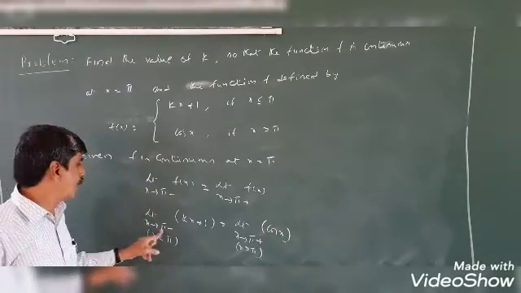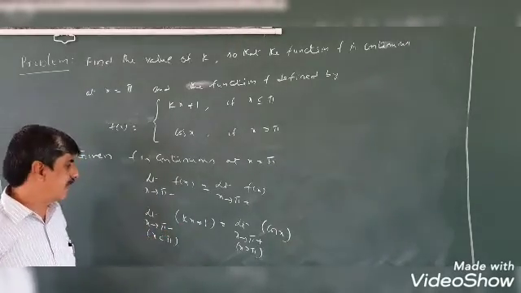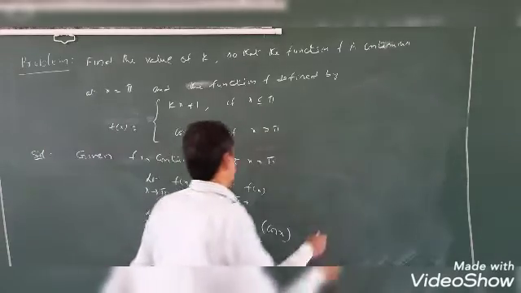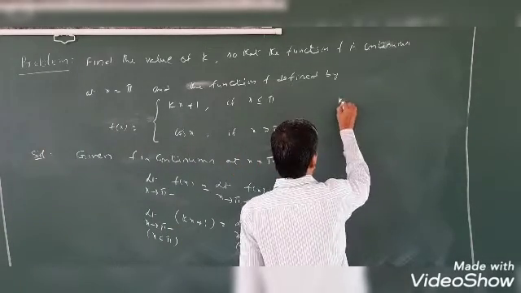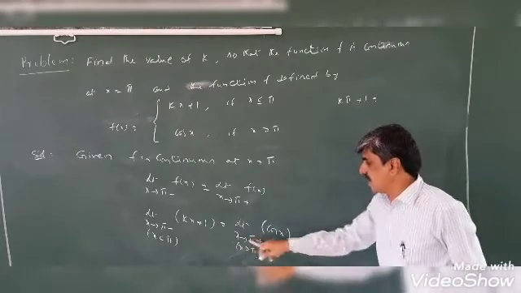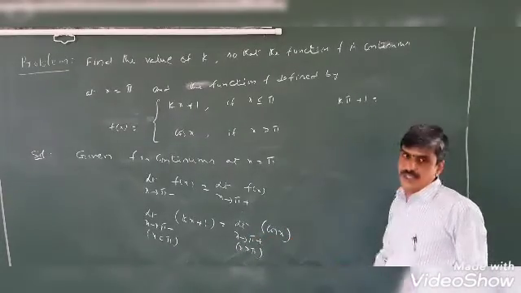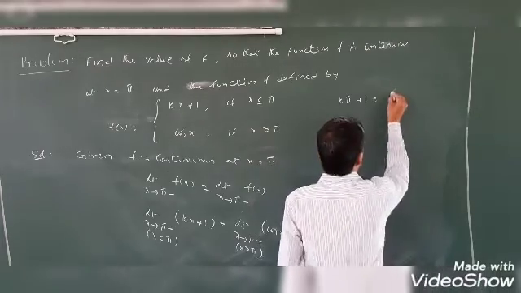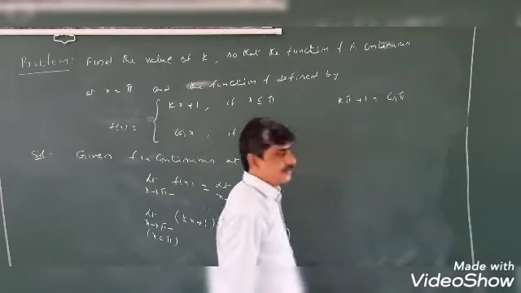So limit x tends to pi minus of kx plus 1, write in the place of x equal to pi. So this limit value is k pi plus 1, is equal to limit x tends to pi plus of cos x. Write in the place of x equal to pi. So this is cos pi.